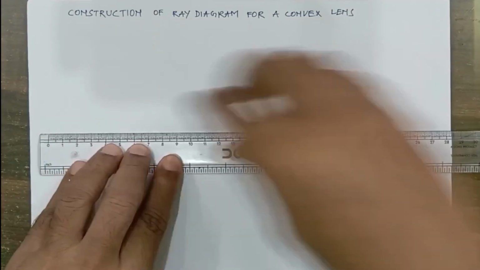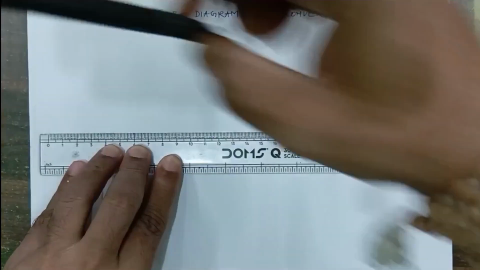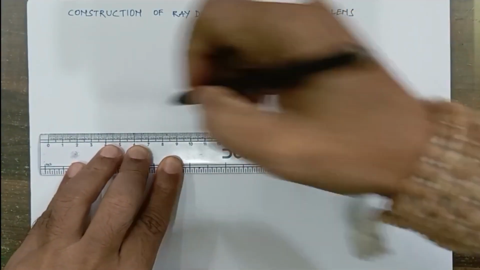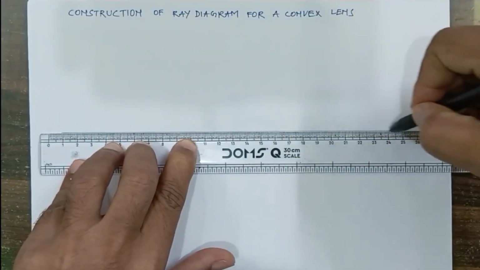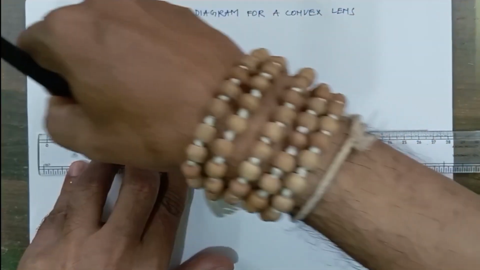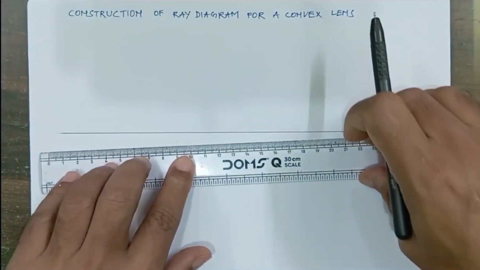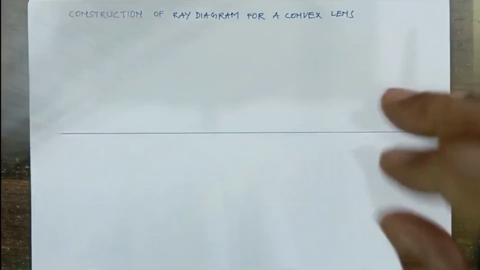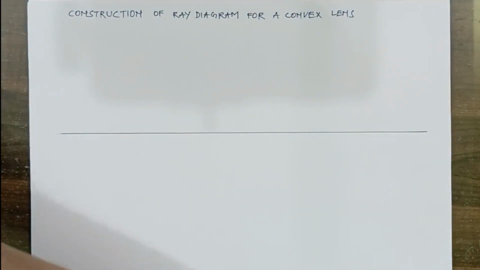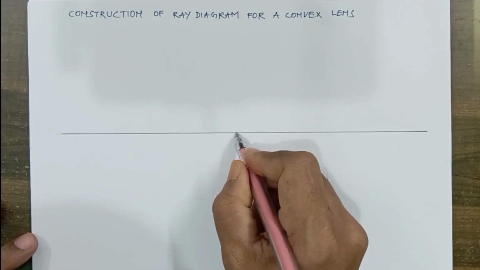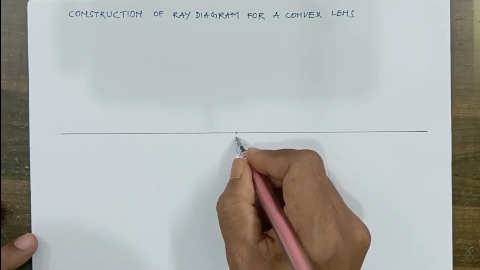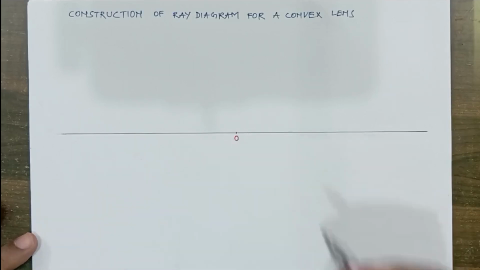First, draw a horizontal line, which is going to be our principal axis. Now, approximately at the center of the horizontal line, mark a point. This is going to be our optical center O of the convex lens.